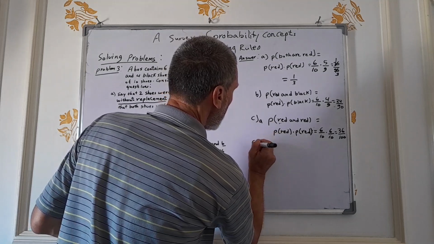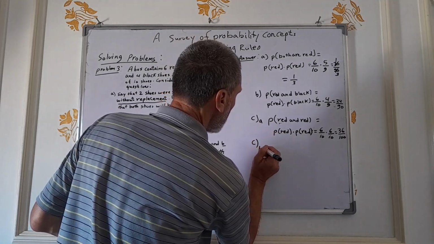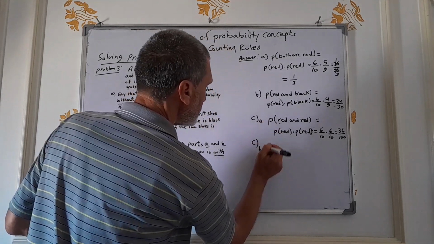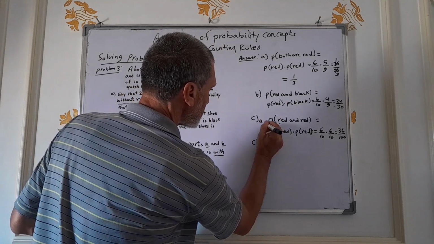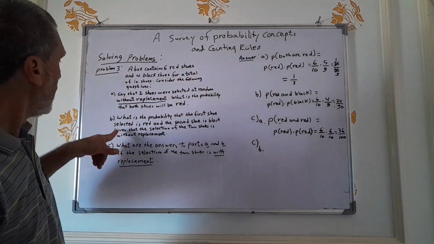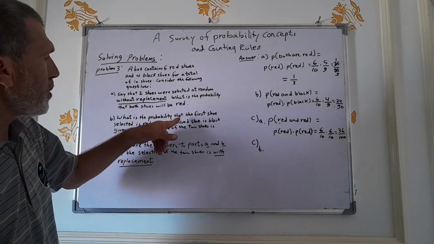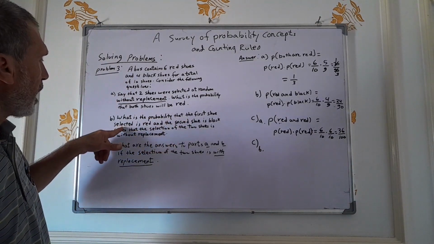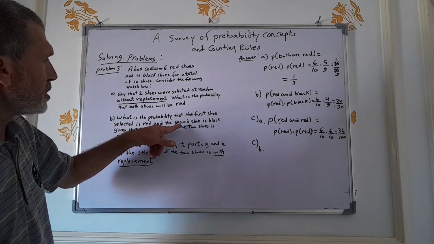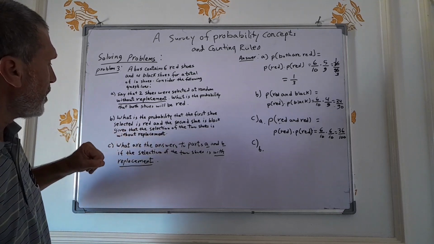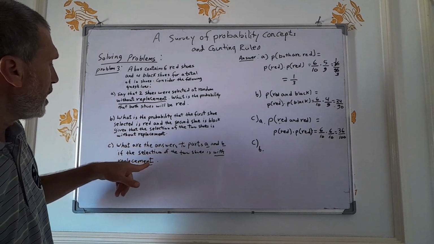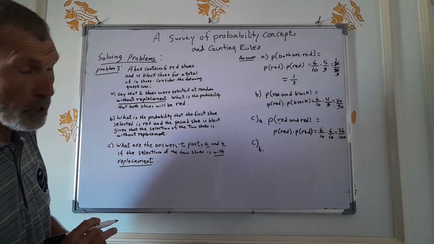Now, C part B: what is the probability that the first shoe selected is red and the second shoe is black, given that the selection of the two shoes is with replacement?